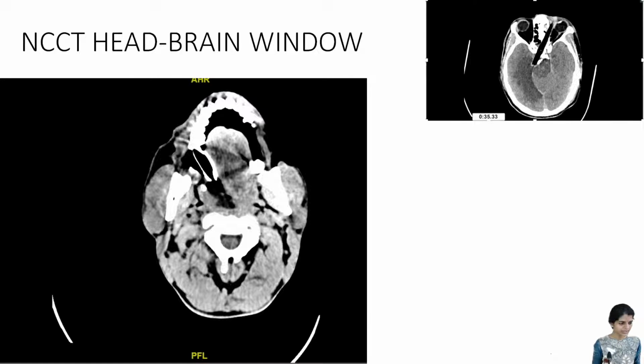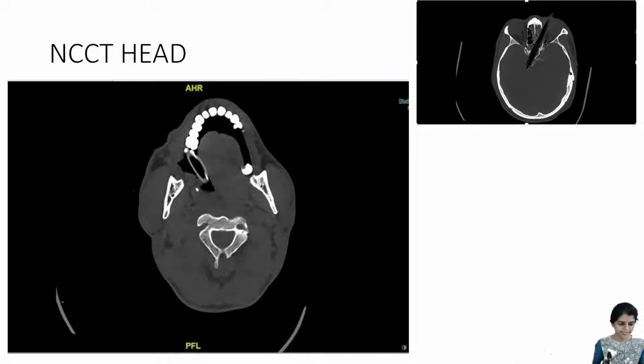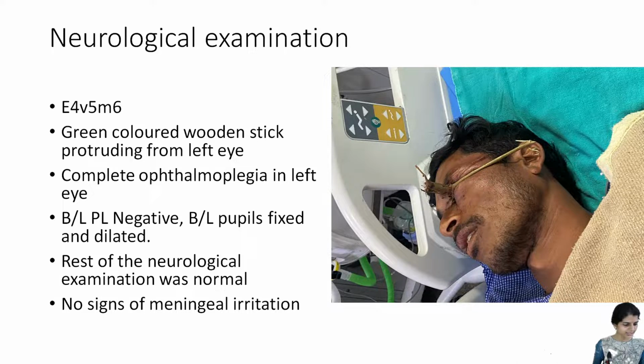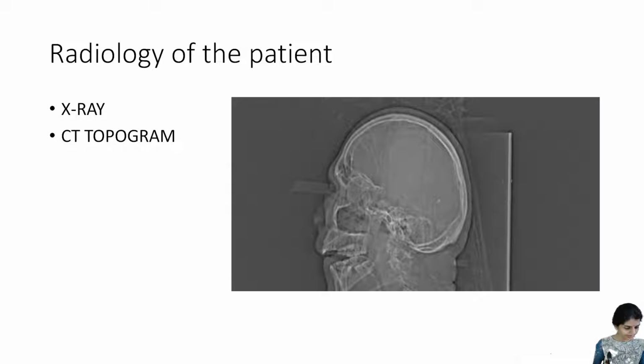This is a CT angiogram that was done in the trauma center. Here we are seeing that the right ICA is completely cut off.